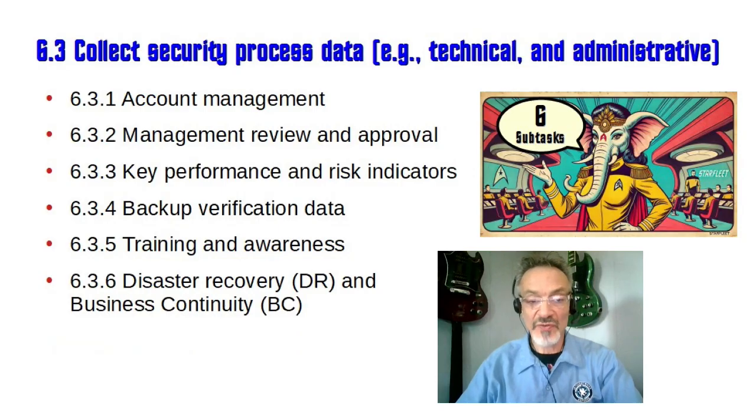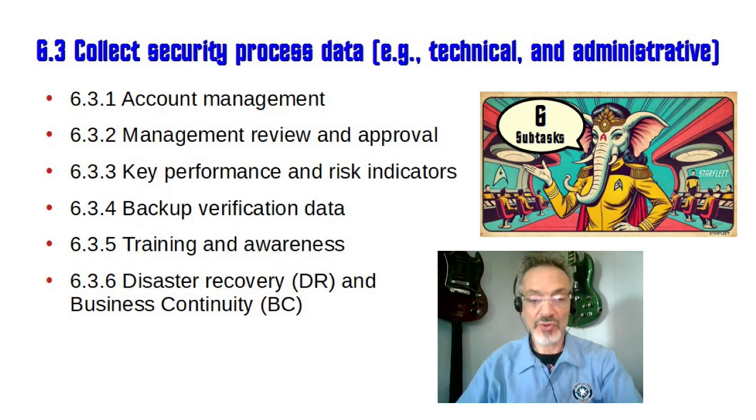This task has 5 subtasks, which include 1. Account management. This covers the life cycle of user accounts from provisioning to deprovisioning to help ensure that proper access controls are maintained. 2. Management review and approval.